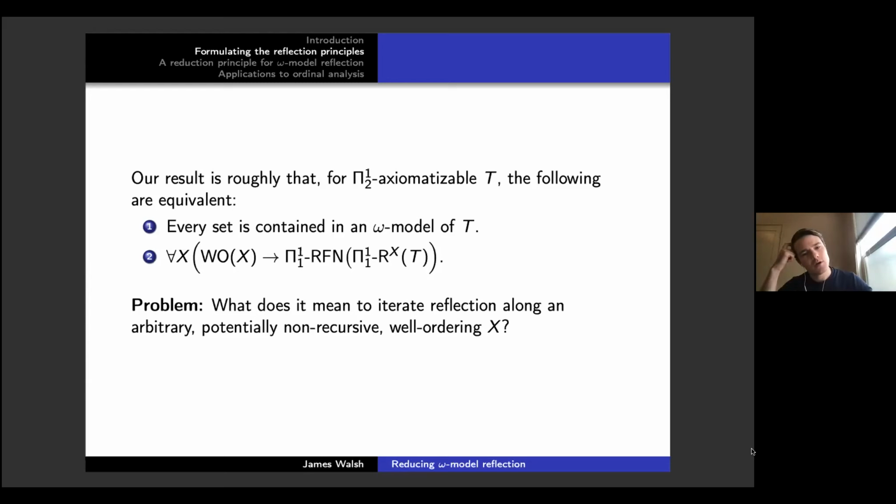If you look at sentence number 2, you see that the variable X, which is being quantified out, is occurring within the scope of Π^1_1 reflection. So we have Π^1_1 reflection being applied to something that has this variable X in it. And that's really the source of the problem here. So I'll explain how to get around this problem.